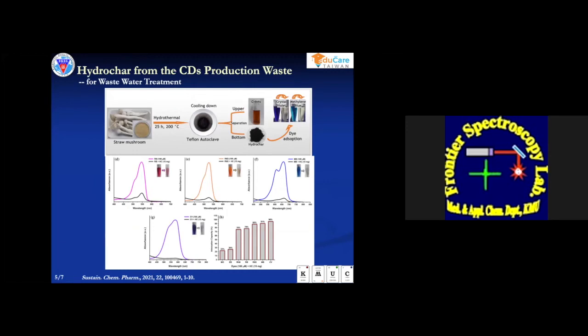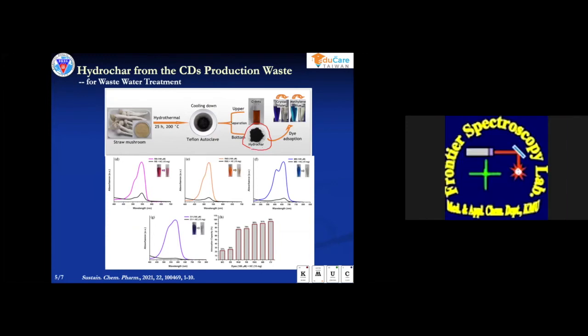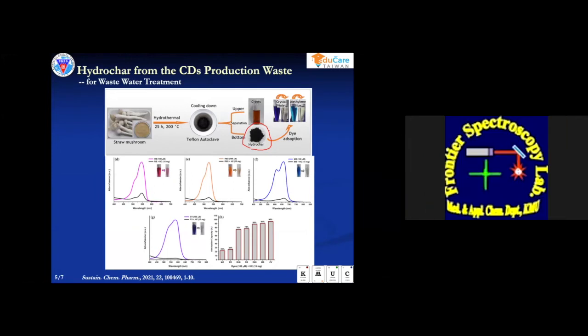Other than the chemical sensing, we also use this kind of material for wastewater treatment. For example, during the production of carbon quantum dots, we can also synthesize hydrochar simultaneously, which was supposed to be disposed of, but we recycle it to use in wastewater treatment.